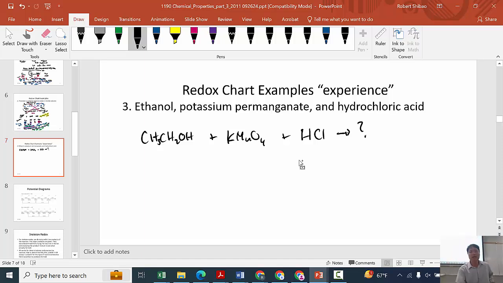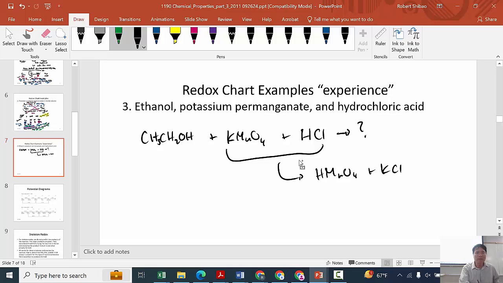And so there's a reaction here between these two, and these two are going to yield permanganic acid and potassium chloride. And there's a driving force for this. The driving force is stronger acid to weaker acid. And so we have a metathesis reaction occur here.